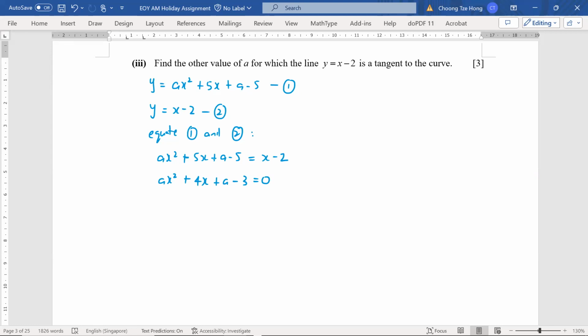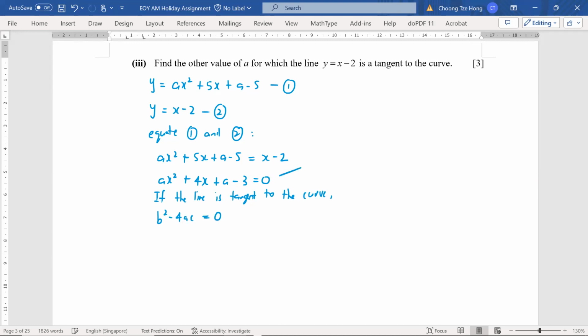So we can go ahead and form the equation b squared minus 4ac equals 0. If the line is tangent to the curve, then b squared minus 4ac equals 0.